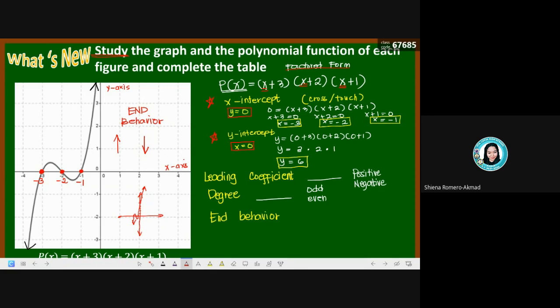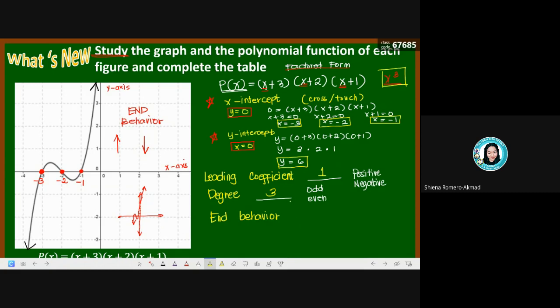So, x times x times x is x cubed. Therefore, the numerical coefficient is 1. Let me write it here, 1. And the exponent or the degree is 3. Okay, so dito ko siya nakuha. Minultiply ko yung variable x.